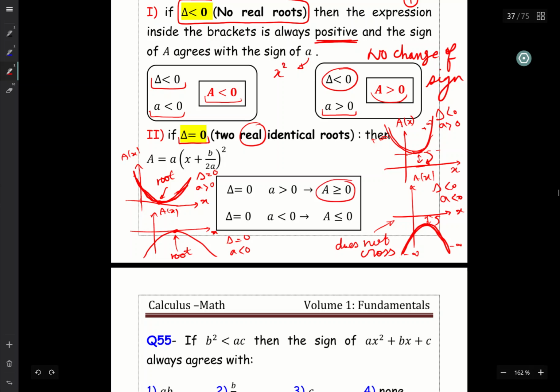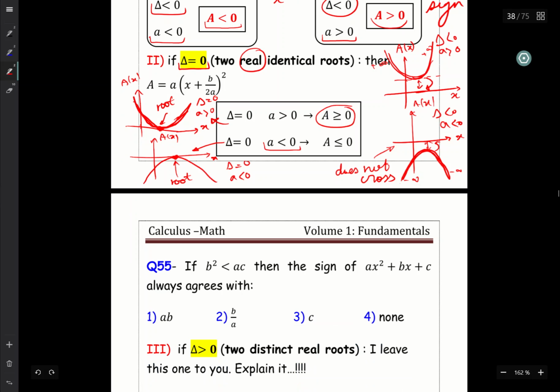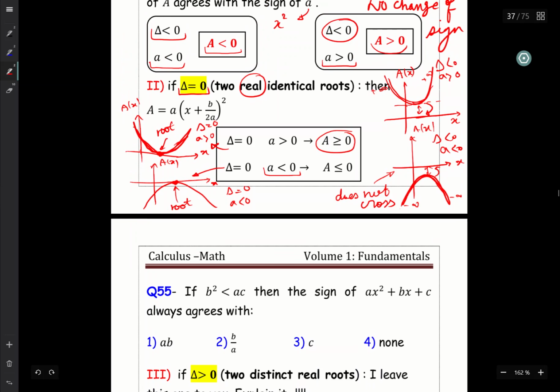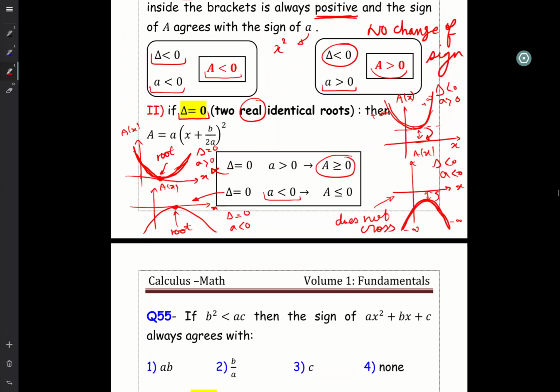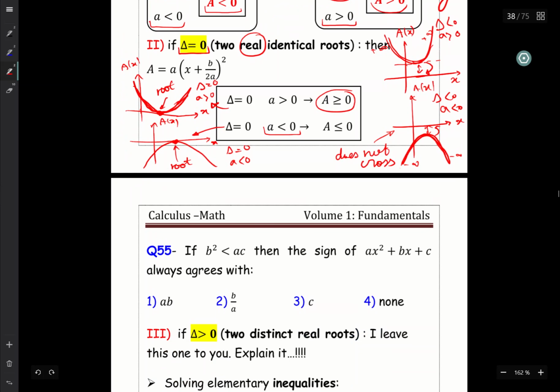Now in this case 0 is allowed because our function is touching the horizontal axis. If delta is 0 and a is negative, in this second case, then our function is either negative or can be 0 exactly at the root. Okay? So delta negative, delta 0, and obviously you can guess the next case.